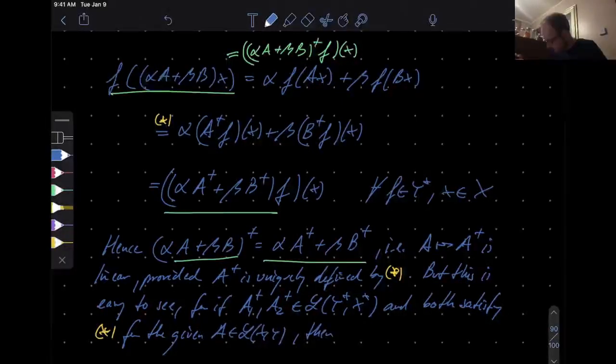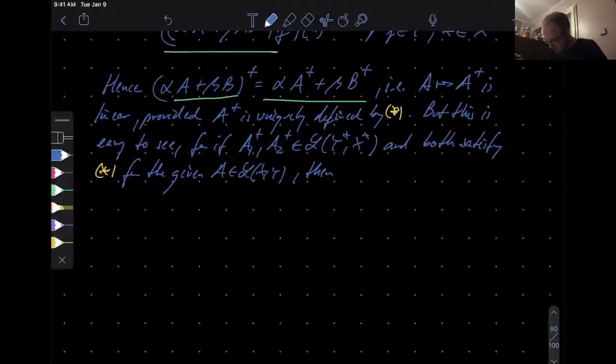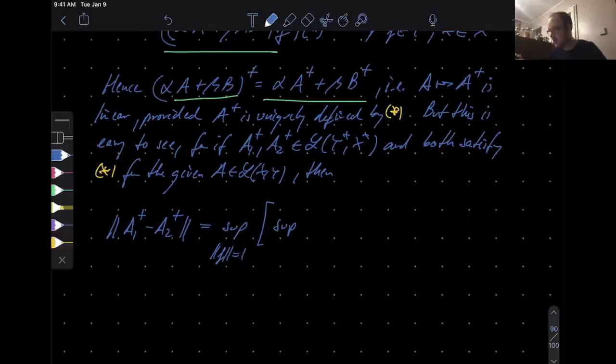then, well, you want to show that something is equal to 0, take the norm and show that the norm is equal to 0. So let's do this. Let's look at the operator norm of the difference of these two dual guys, and then go through the same double optimization that I did earlier, right? So outside there is a supremum over linear functionals, and inside there's a supremum over points in the vector space.